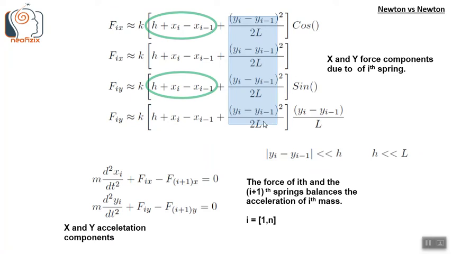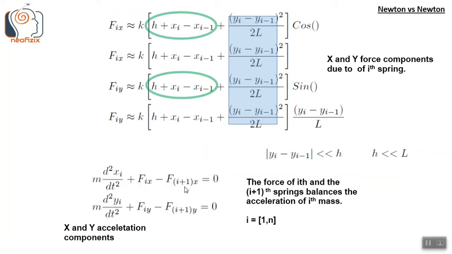So using the approximate forces or spring tensions calculated from the second and the fourth equation in the list, we can find the instantaneous acceleration of each mass. The d squared x by dt squared and the d squared y by dt squared terms are the x and y acceleration components of the ith mass.